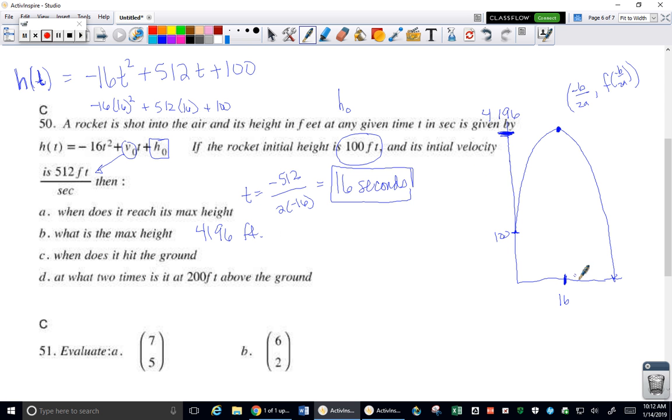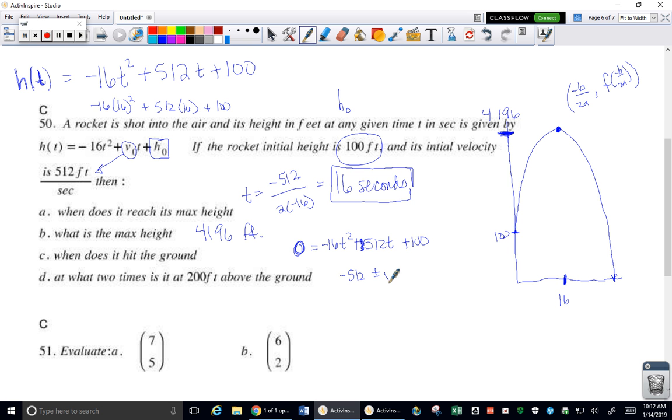When does it hit the ground? So that's going to come down here, and you want to find the x value when h is 0. Negative 16t squared plus 512t plus 100. The quickest way is probably going to be the quadratic formula.